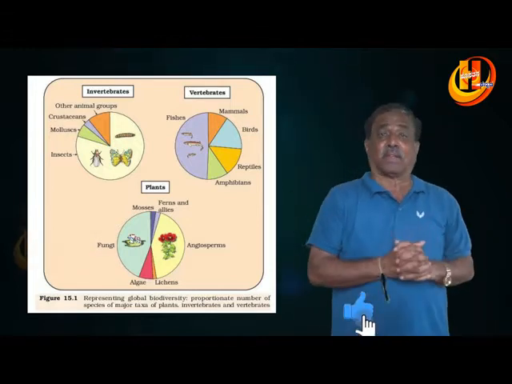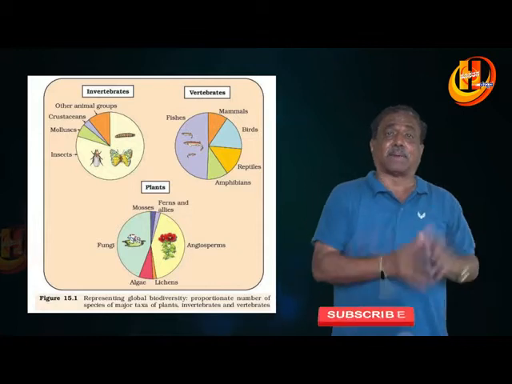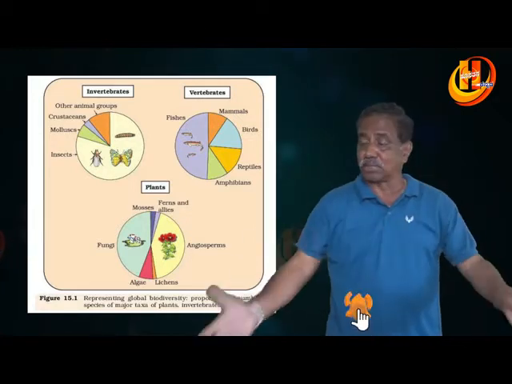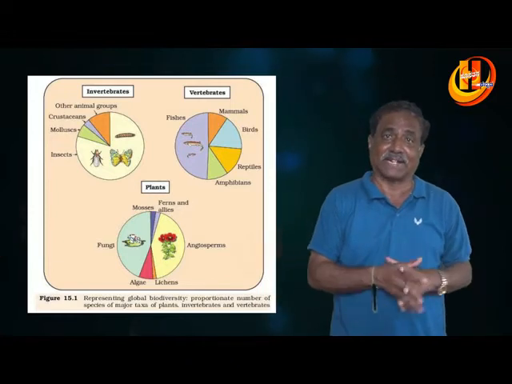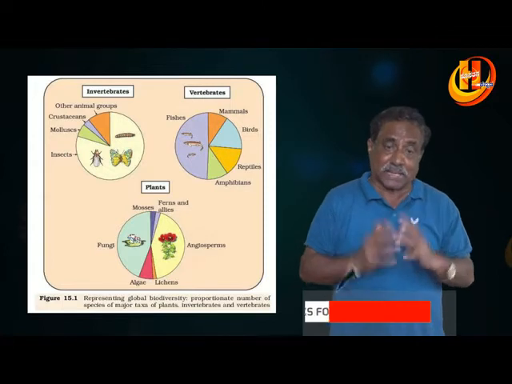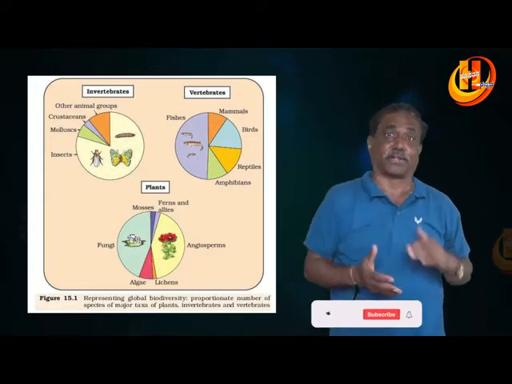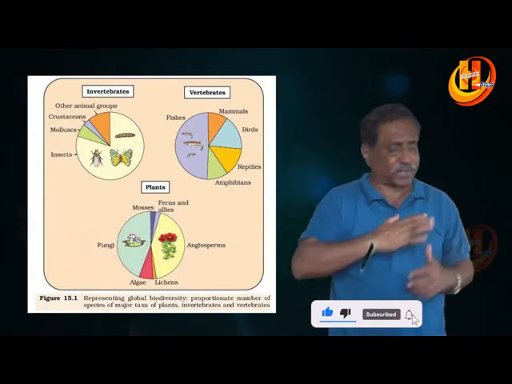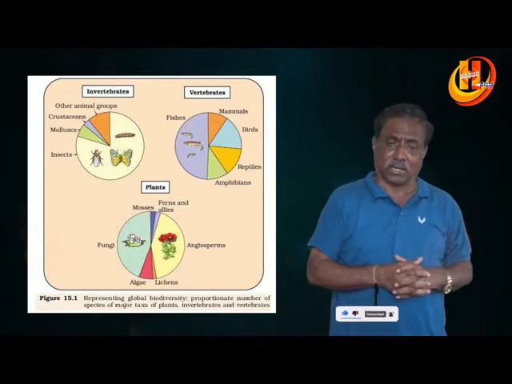And India occupies about 2.4% of the world's land. So that is 2.4%. But the species diversity is 8.1%. It shows the species diversity, which is very, very important.